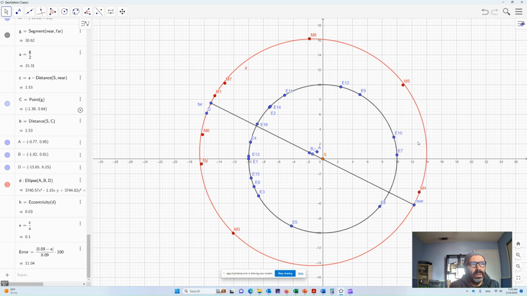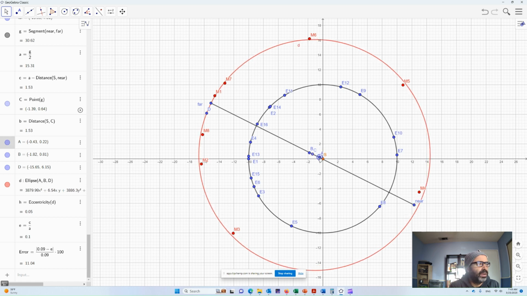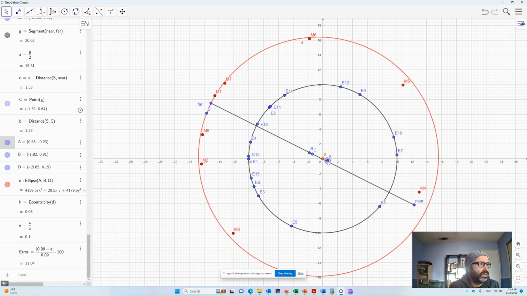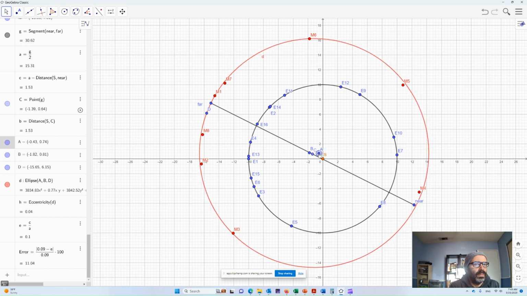It doesn't look like this. The smaller the value, the closer to a circular path it is, and this one is very close to a circle because both points A and B are very close to each other. As I make them very far, then the eccentricity starts to increase. That's why I'm getting a very low value in this case.